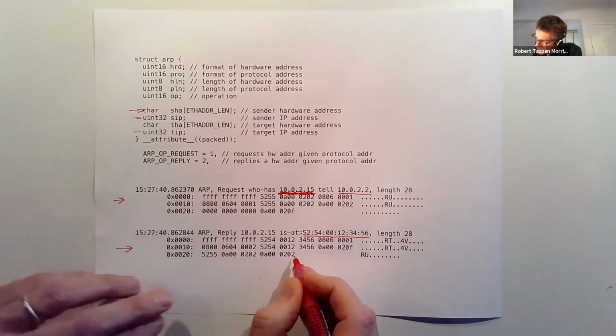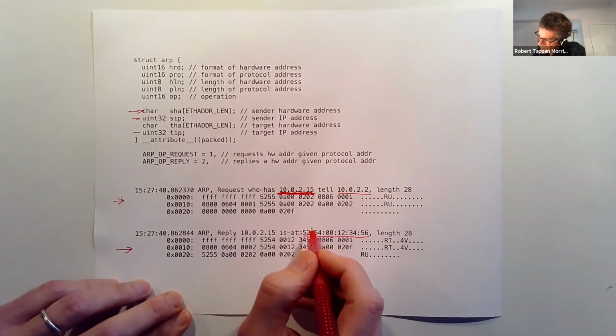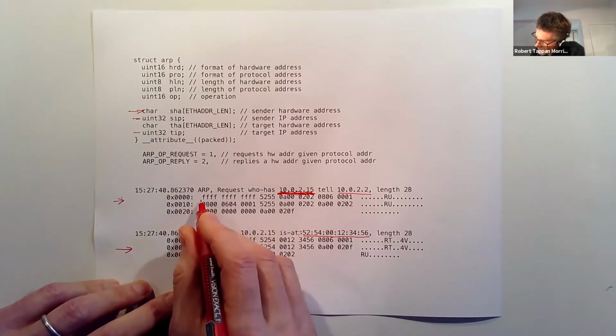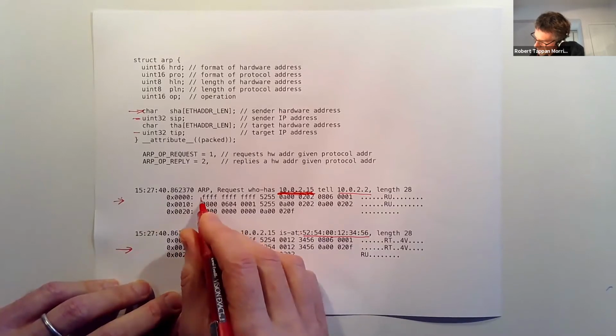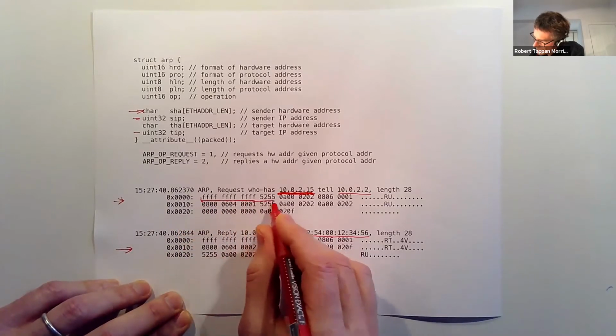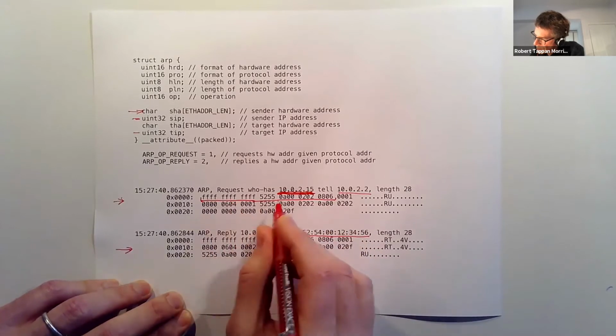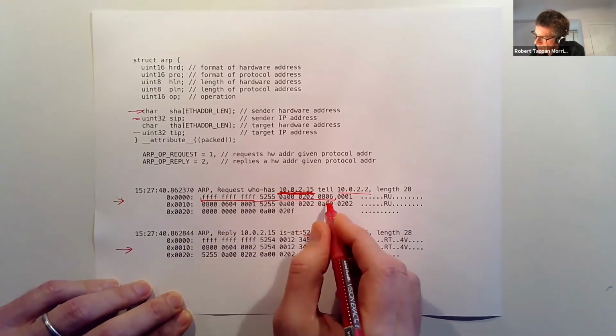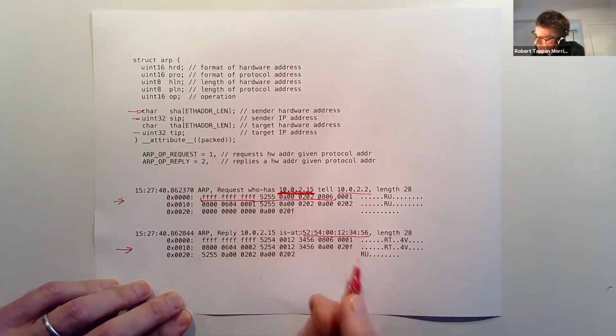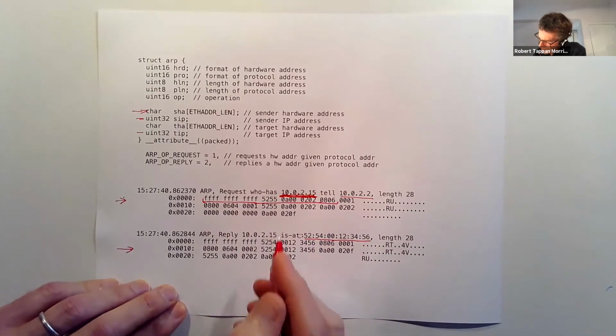If we're clever enough, we can pick apart these packets and see some of these fields. As we know, this part is the Ethernet header: destination Ethernet address, source Ethernet address, and packet type, 0806.